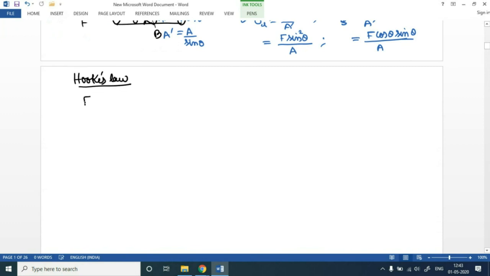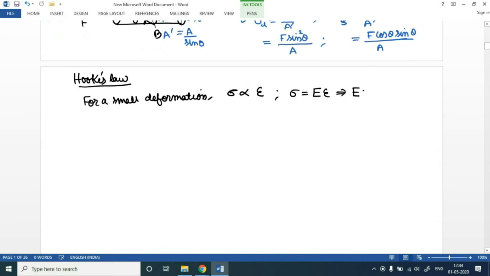Okay, and it says that for a small deformation, you should realize, sigma is directly proportional to epsilon. So here there would be some proportionality constant. So sigma is equal to, let's say, E times epsilon.